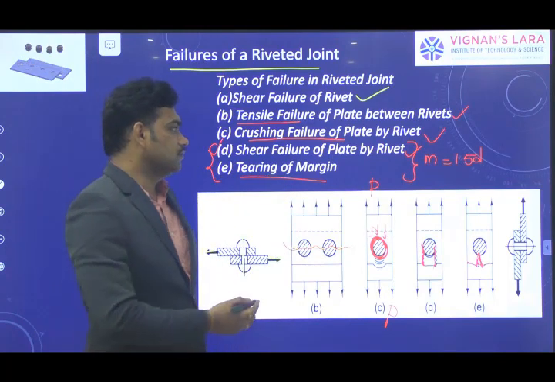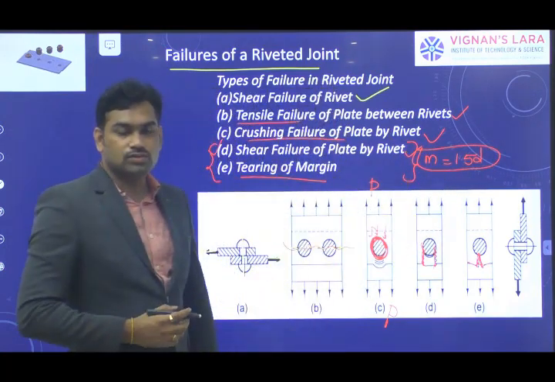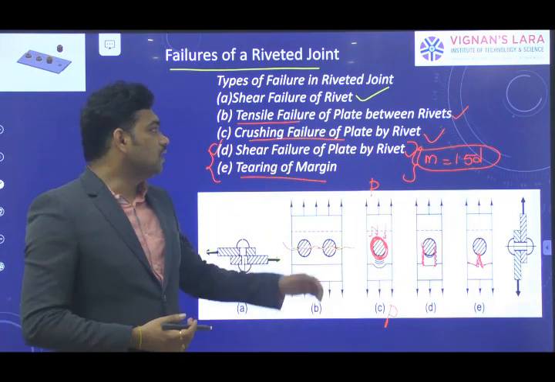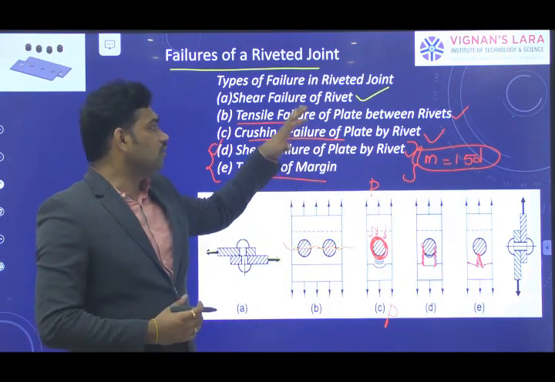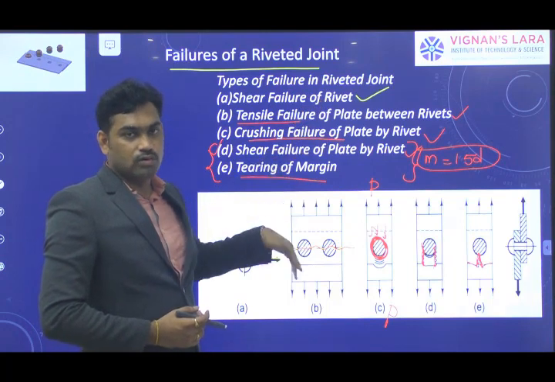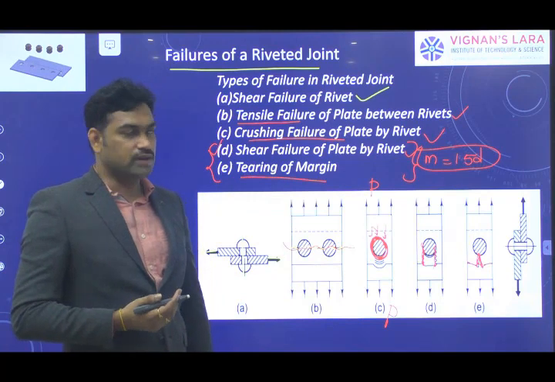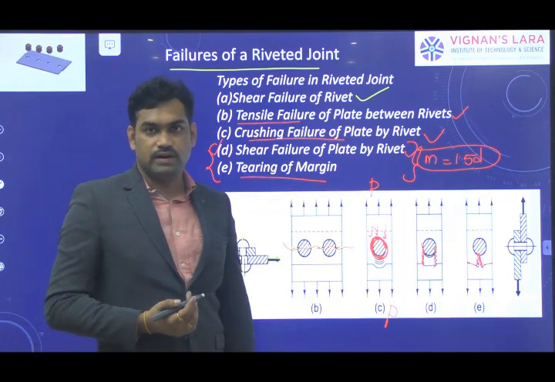Clear? The proper margin you can provide is 1.5 times d. So in the design you can write the strength expressions to avoid only these 3 failures. Let us see what the strength values are to avoid such failures in the riveted joints.